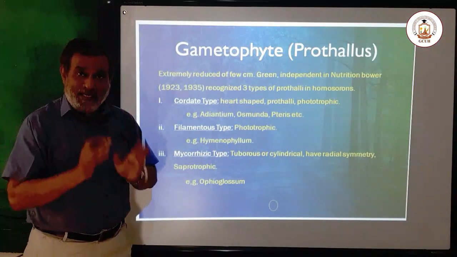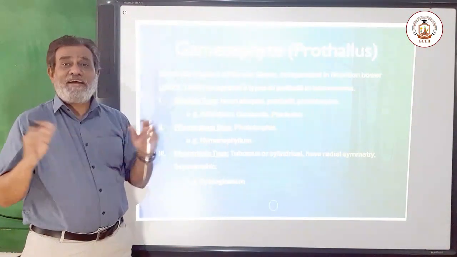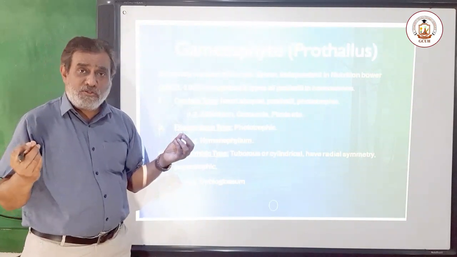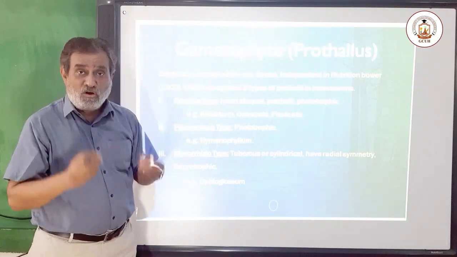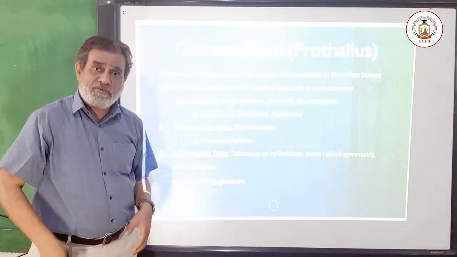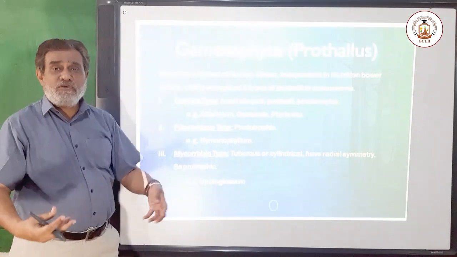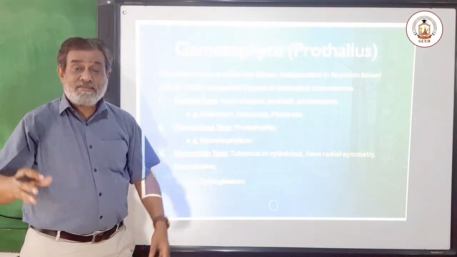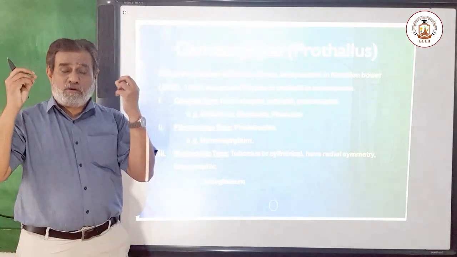Even in angiosperms, both of them have vanished. One or two cells are present there, but antheridia and archegonia are not present in angiospermic plants. The male and female gametes develop directly without antheridia and archegonia. That's why some people call angiospermic plants non-archegoniate plants.